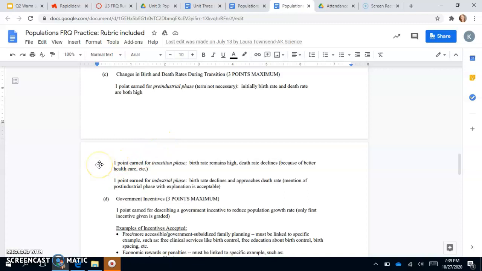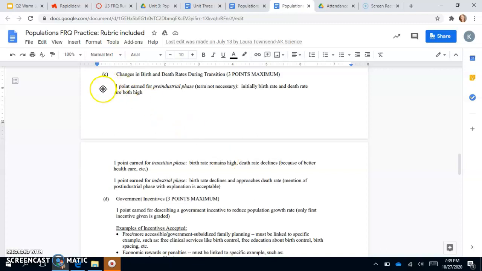You can get 1 point for the transitional phase, so the birth rates remain high and the death rates decline, and then you can earn another point for the industrial phase, which is where your birth rate declines and approaches the death rate. You can also mention the post-industrial phase as well as an explanation.